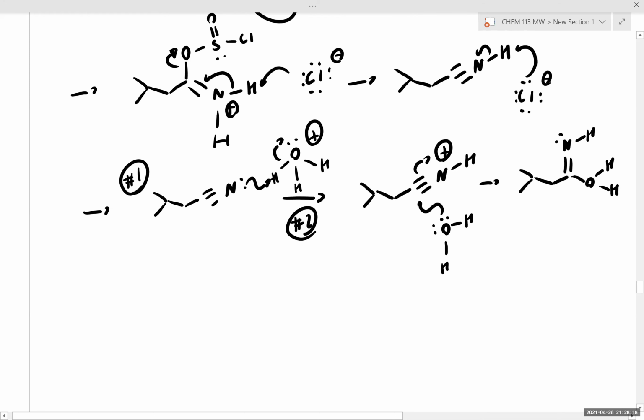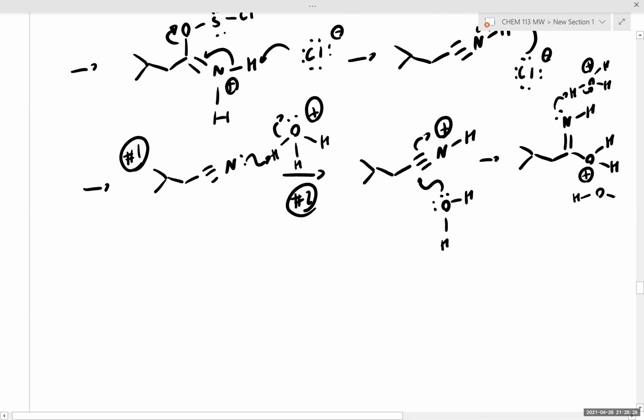From here, we're going to do a series of proton transfers, both to activate our imine and to free up a lone pair. From here now, we now have a highly electrophilic imine-like species that can be attacked with a second equivalent of water.